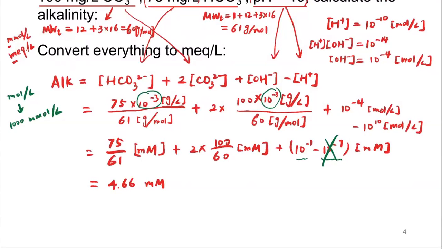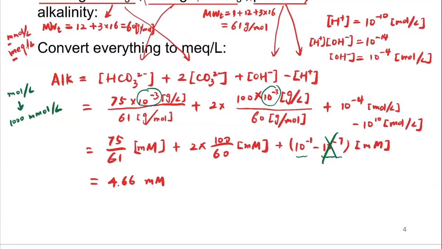Okay. So further, we know that mM is just millimole per liter. Let me just write all the units out, which is also equal to 4.66 milliequivalent per liter.